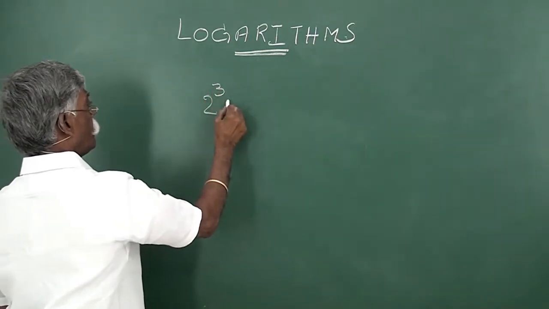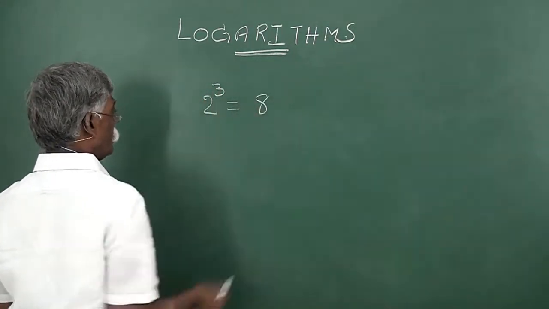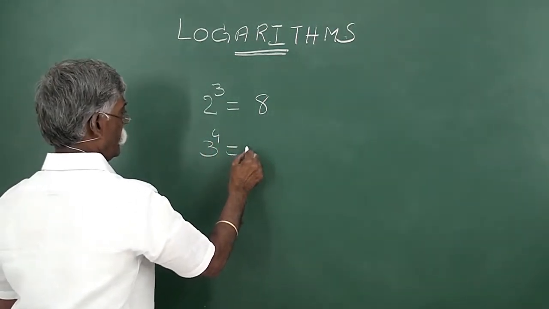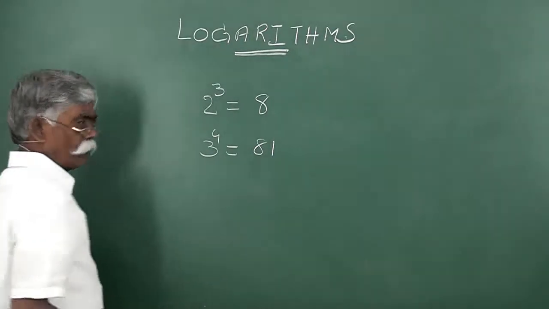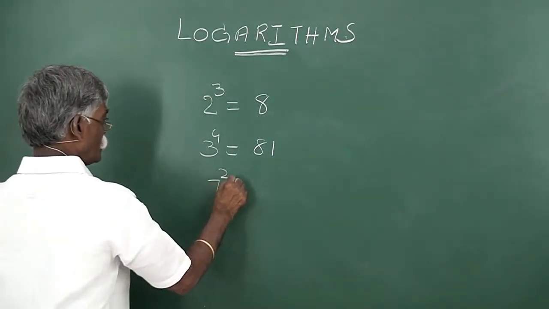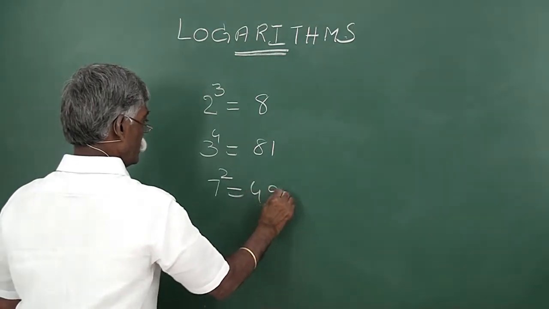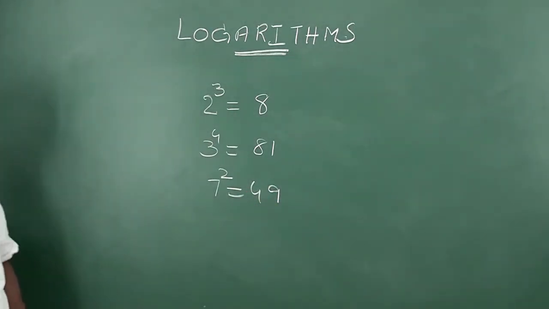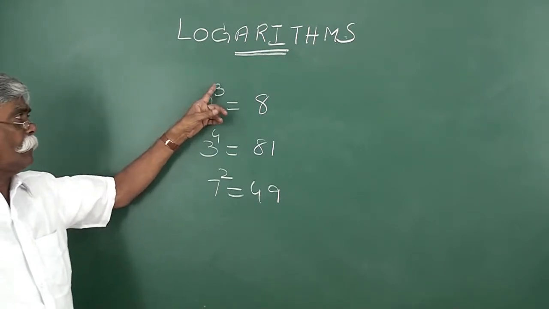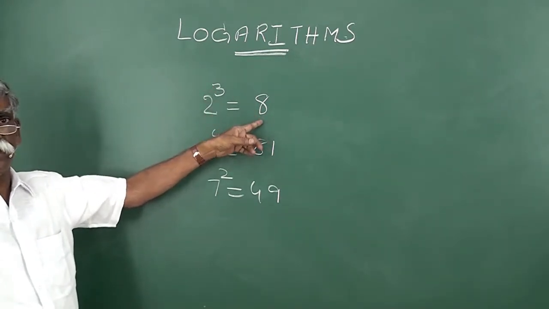Now, 2 cube is 8, we know, and 3 power 4 is 81, and 7 square is 49. So when the number 2 is raised to the power 3, the answer is 8.